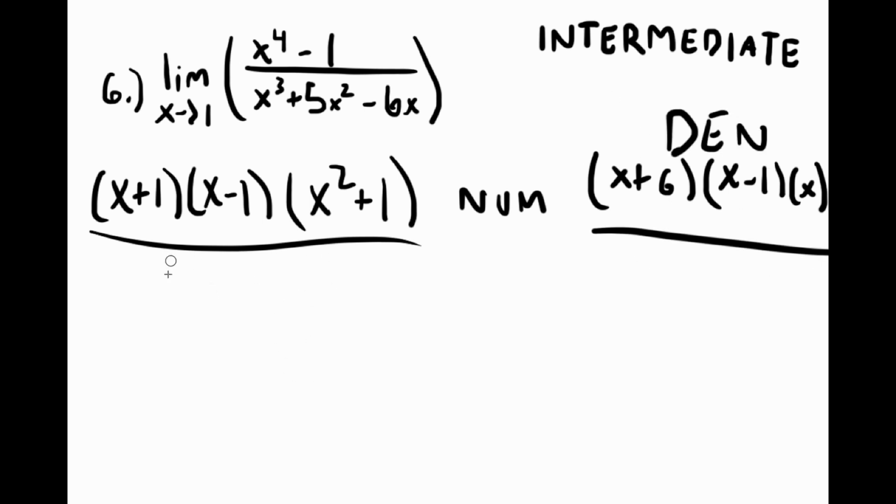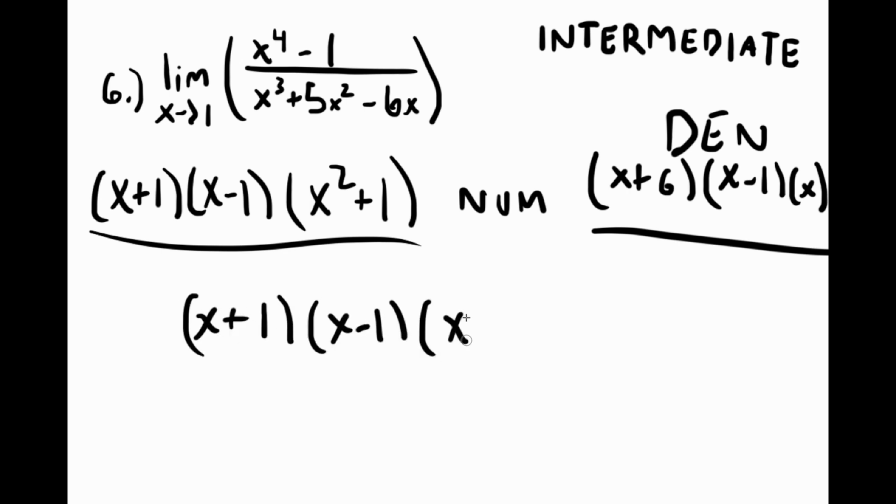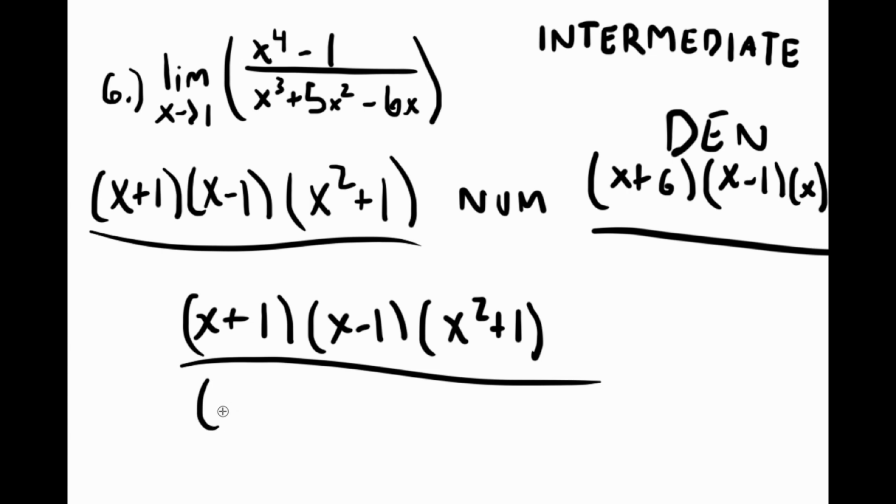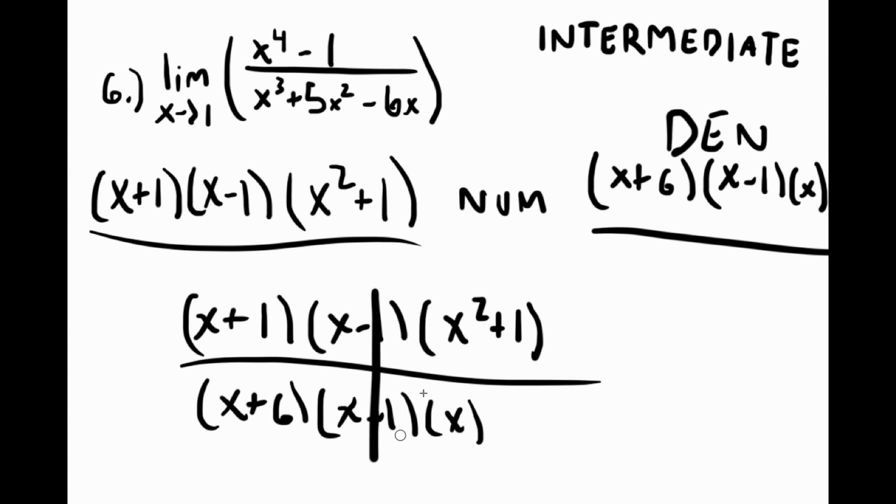Let's write out the whole thing. So numerator: x plus 1, x minus 1, x squared plus 1. And our denominator: x plus 6, x minus 1, and x. We're going to be able to remove the x minus 1, and we can finally plug in 1 for x.